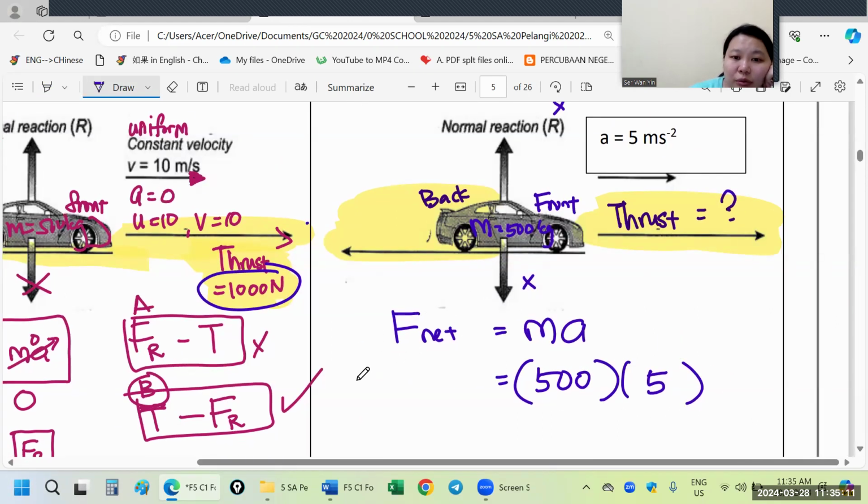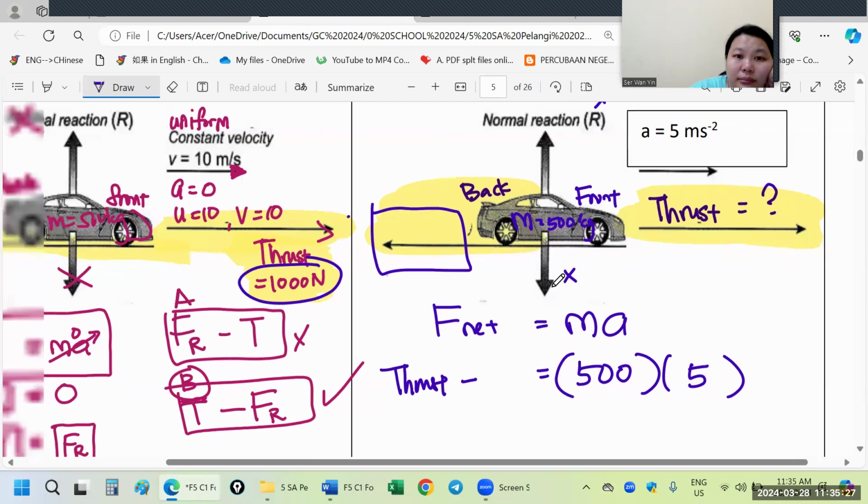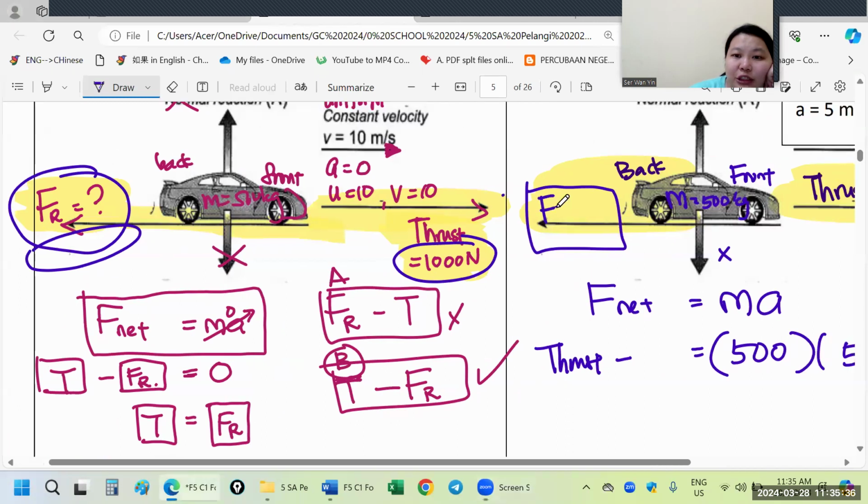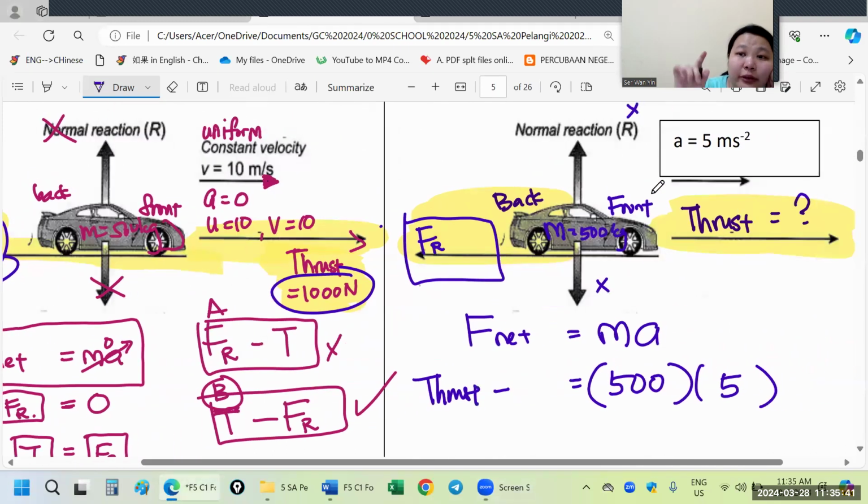Net force will be thrust force minus, what force is it? Minus frictional force. Yeah, frictional force. Yes, you need to fill up the name of the force yourself.